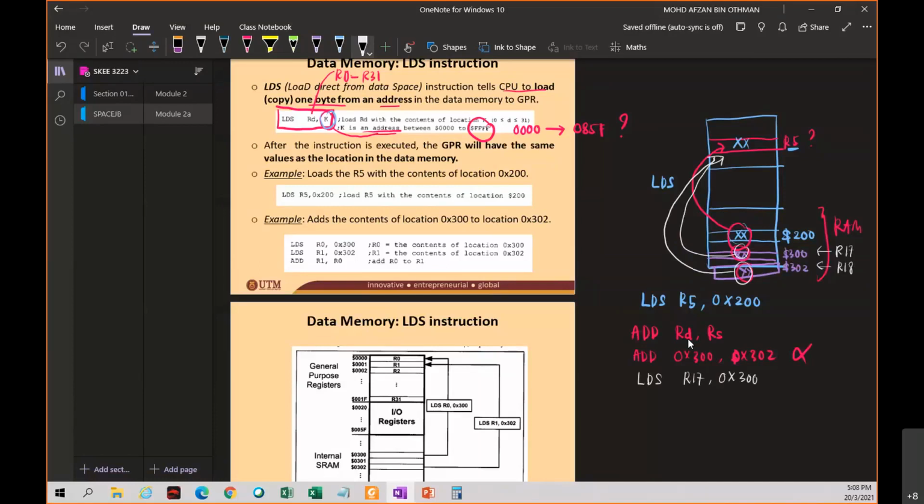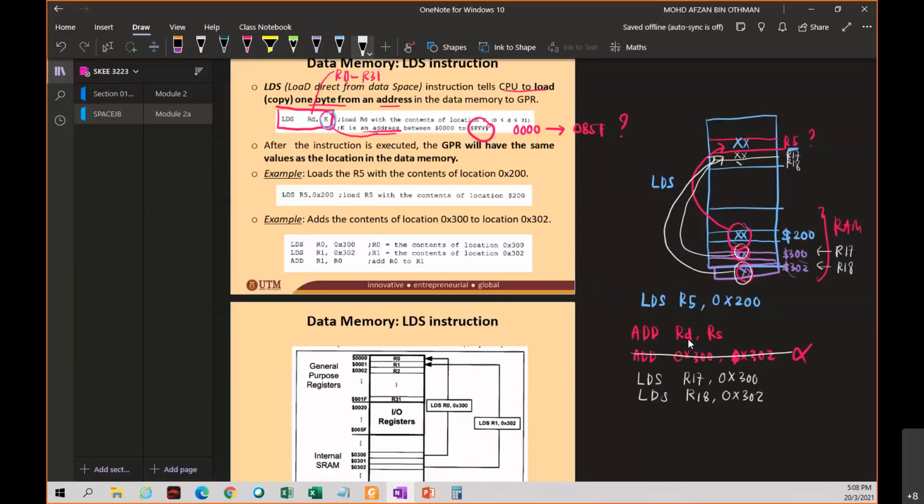So value from 300 masuk ke R17. And then another LDS, R18, coming from address 302.